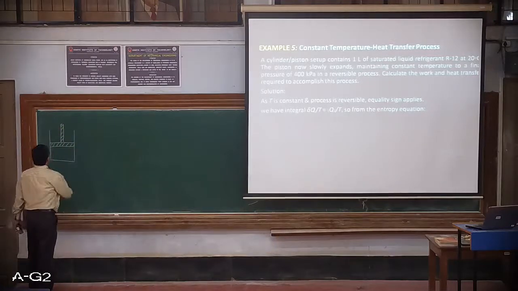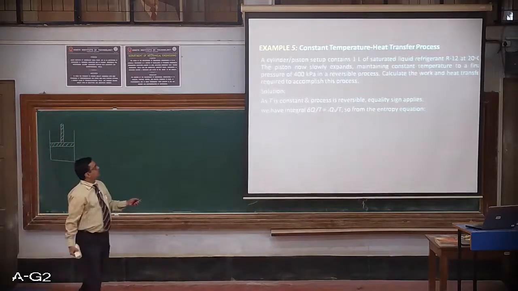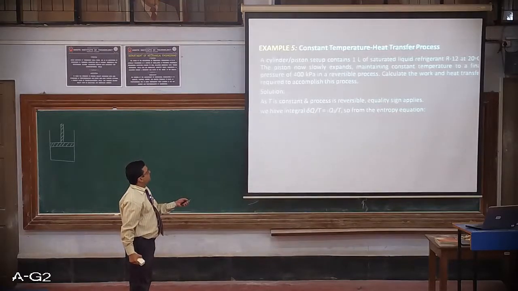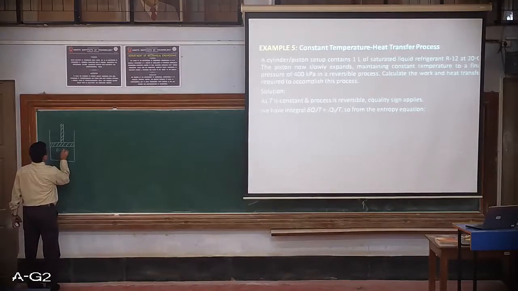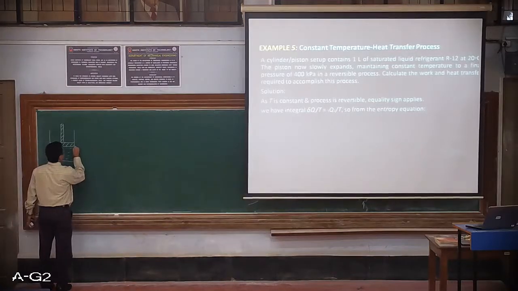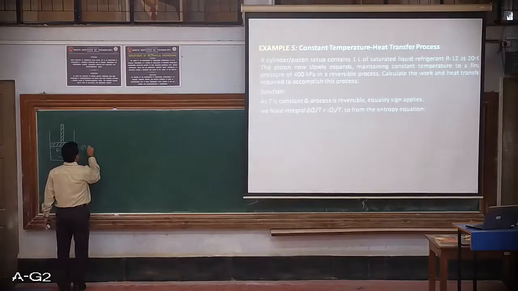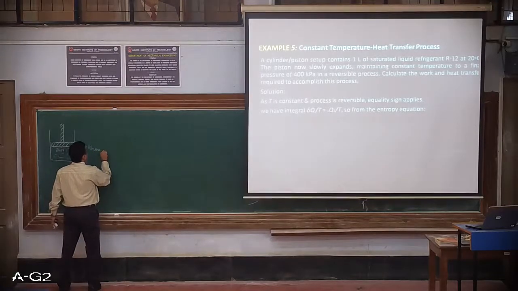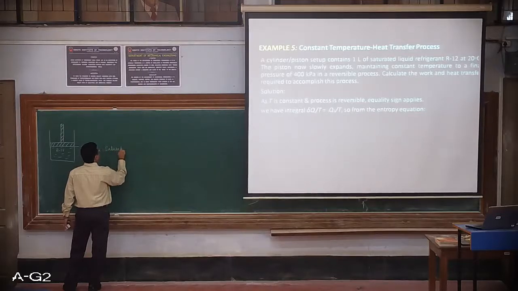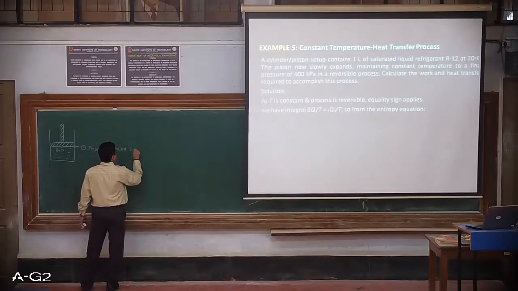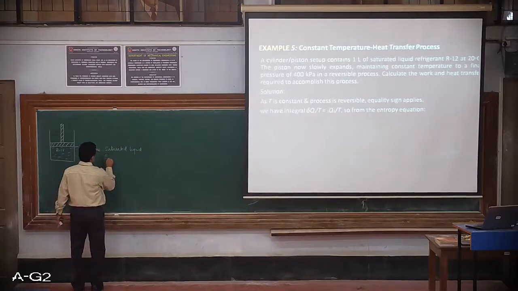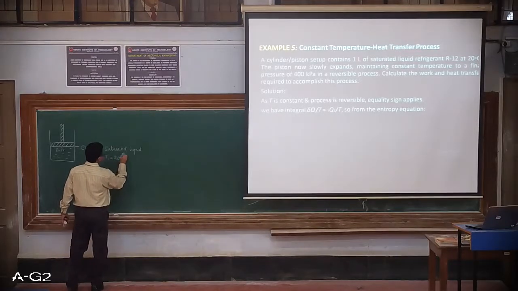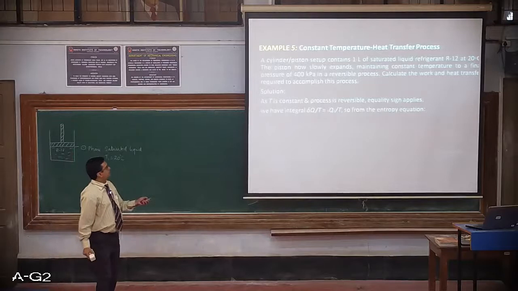Now, this piston cylinder setup contains a saturated liquid refrigerant, that is R12. So everything is saturated liquid. So at state 1, you can claim that the phase is saturated liquid of refrigerant R12 at a temperature of T1 equal to 20 degrees Celsius.